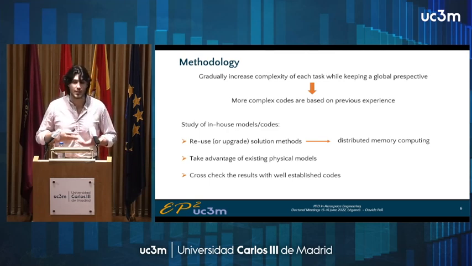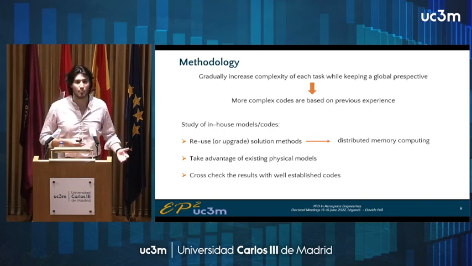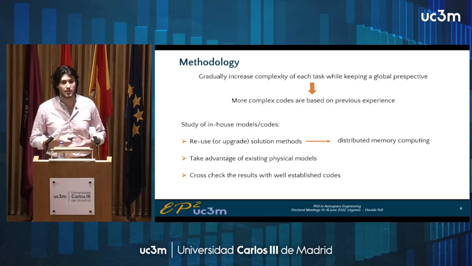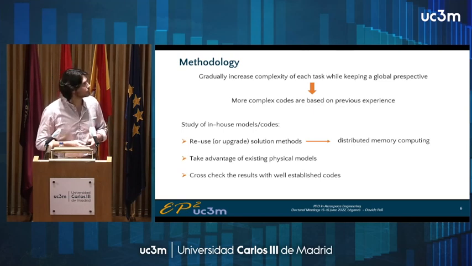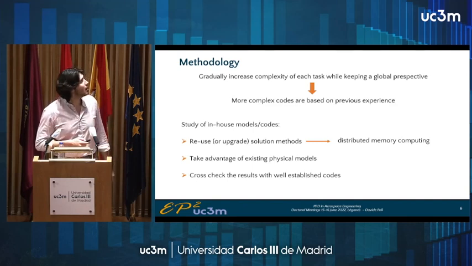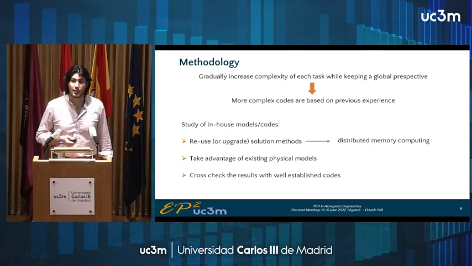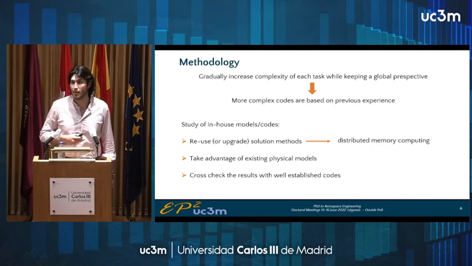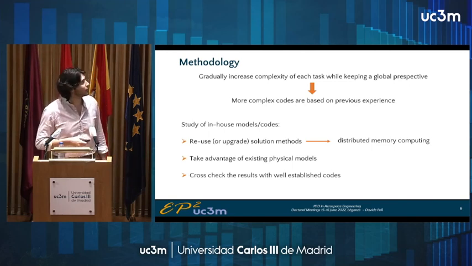Each model is developed such that it can be easily expanded: physics can be added, multiple dimensions can be added, or more fluids, so that in the end the process of building the large code, my final goal, is easier. Moreover, there's the study of in-house codes, such as EP2 plus and HYPHEN, so that I can either reuse or upgrade technical solution methods, or other aspects.